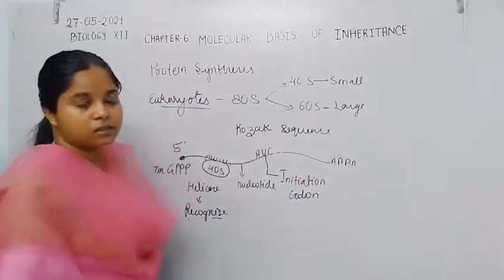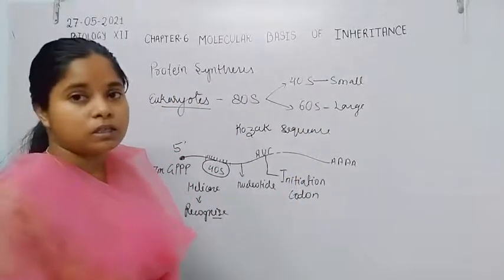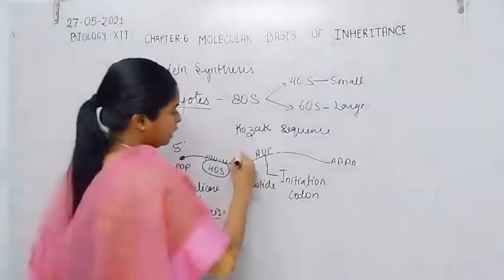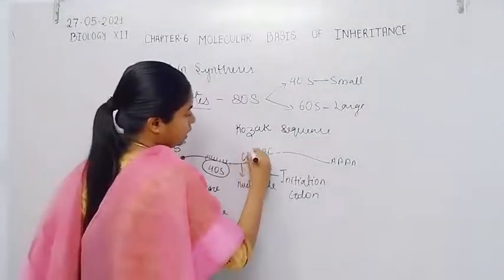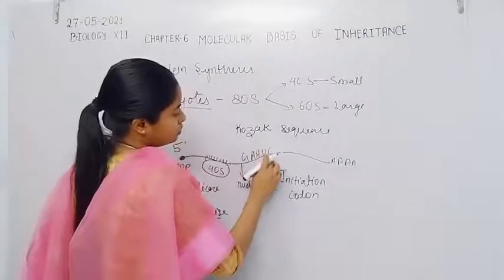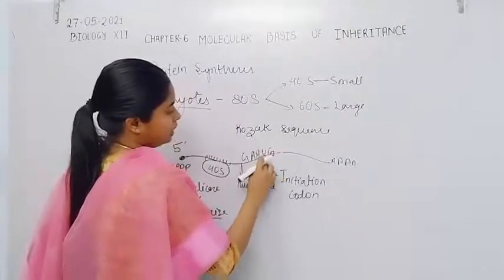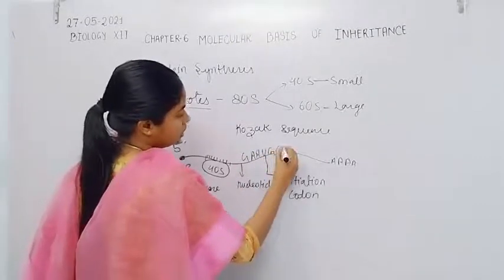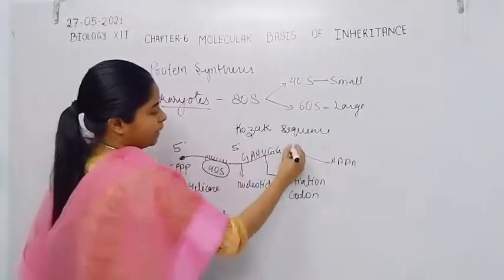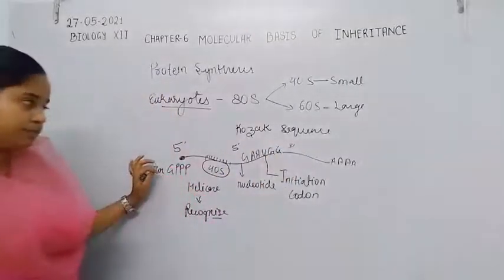The Kozak sequence is GAAUGG, read 5' to 3'.